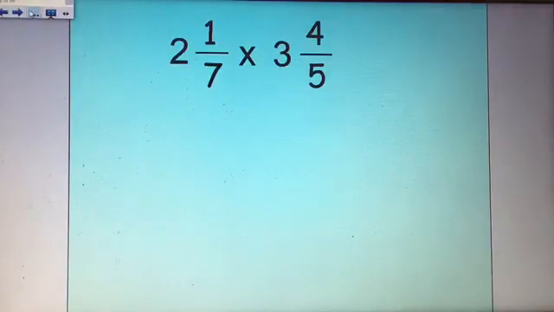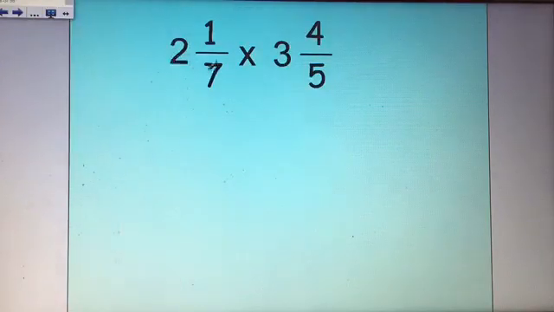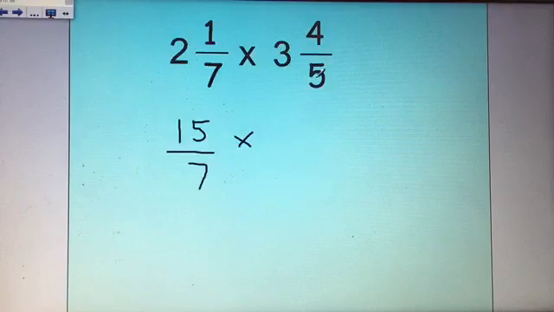So let's turn this 2 and 1/7 into an improper fraction. 2 times 7 makes 14, add the 1 makes 15, over 7, and multiplied by 3 and 4/5: 3 times 5 makes 15, add the 4 makes 19, over 5.